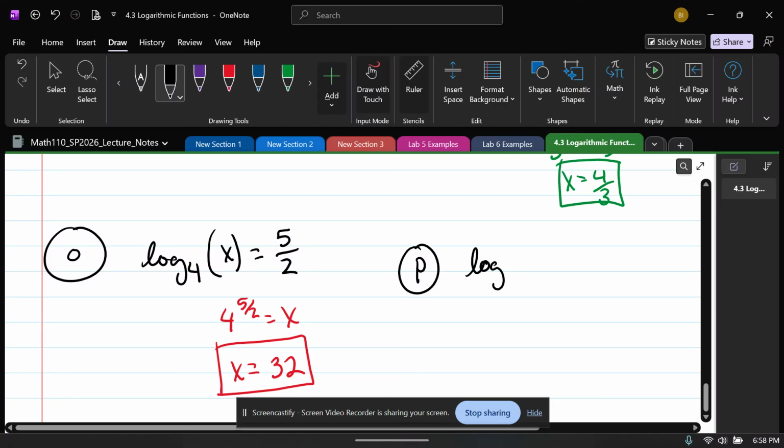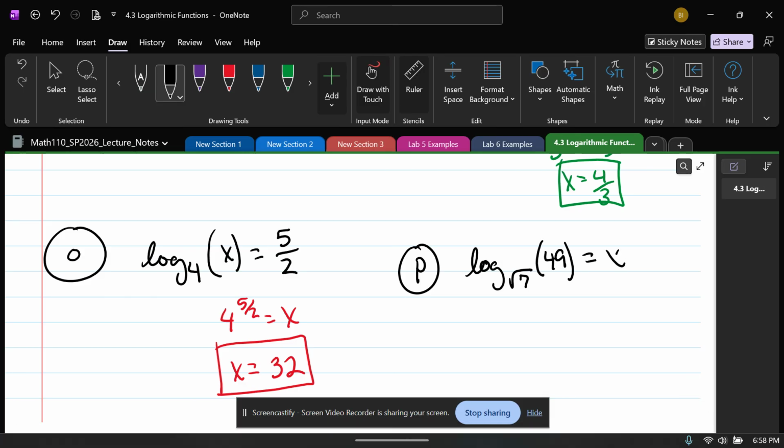Log base square root of 7 of 49 equals x.